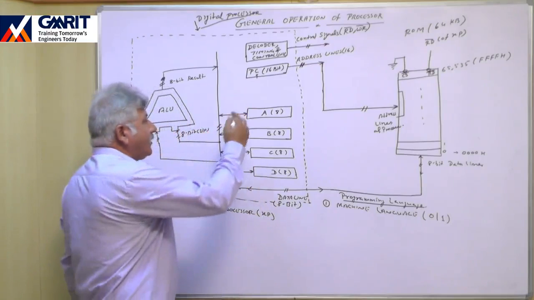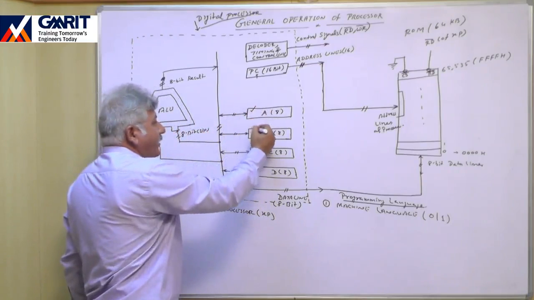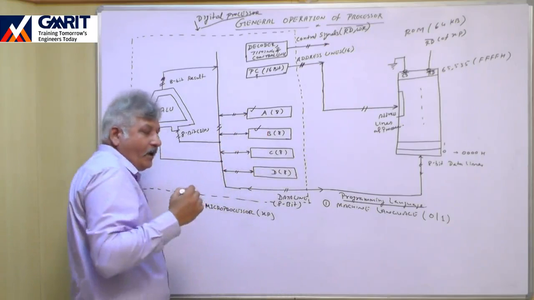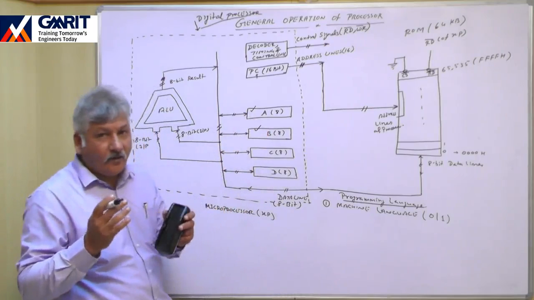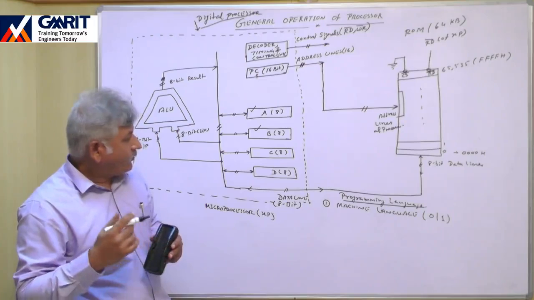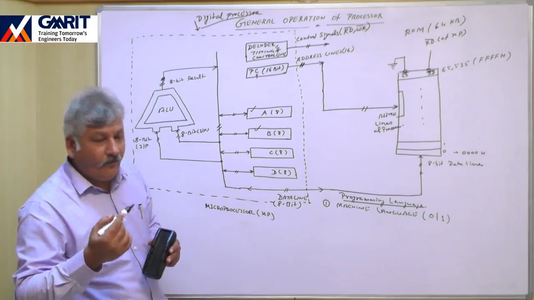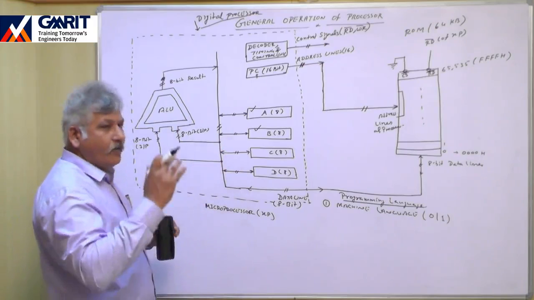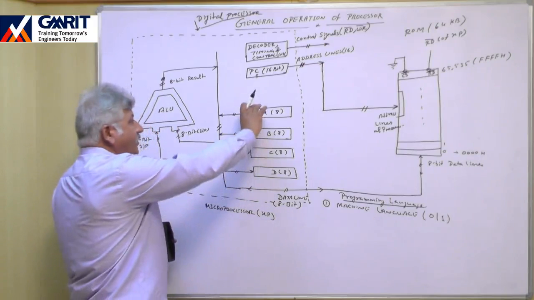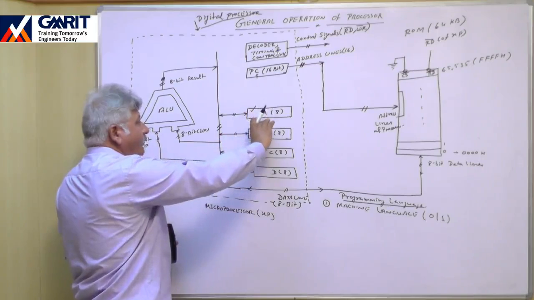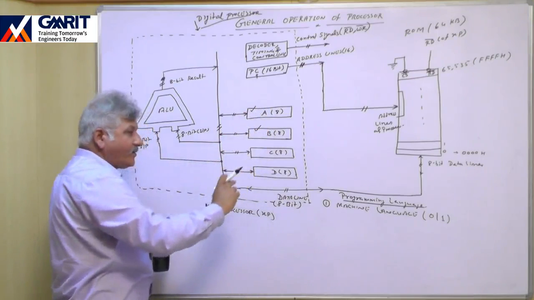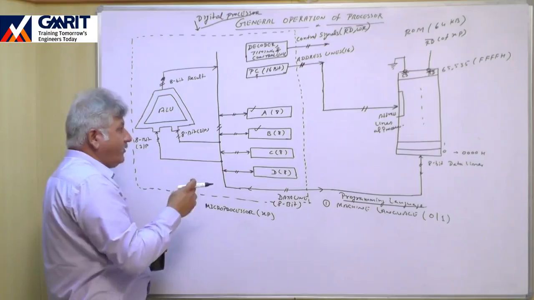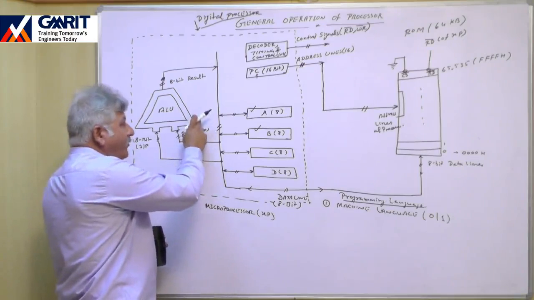We want to perform the addition of these two numbers. So now we have to give some instruction to this processor to add the two numbers already stored in A and B. After receiving that instruction, what will this processor do?